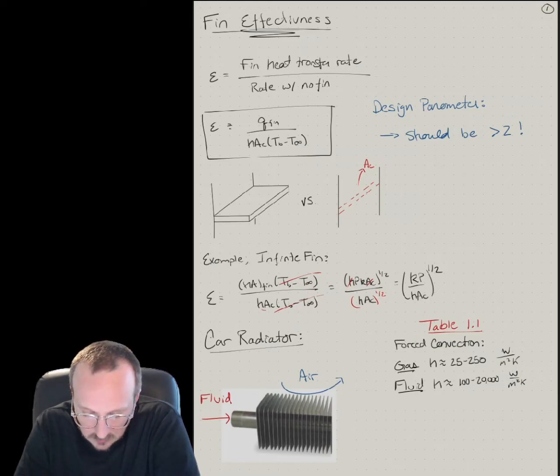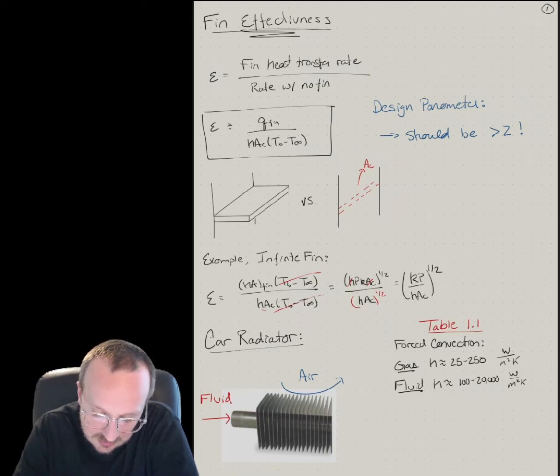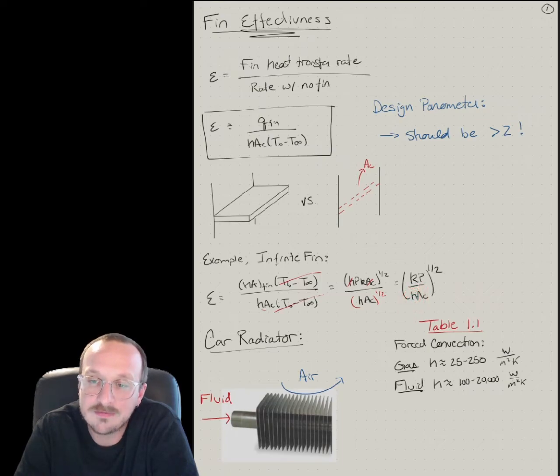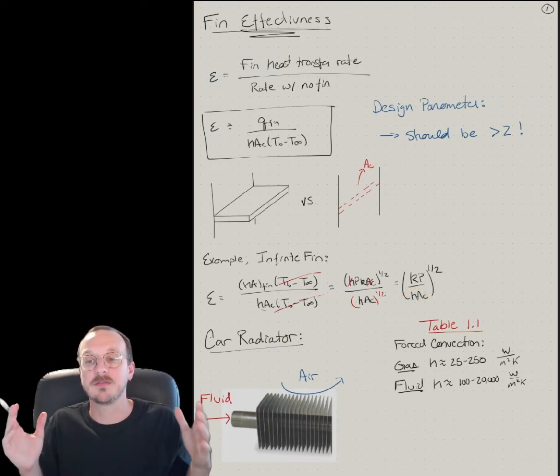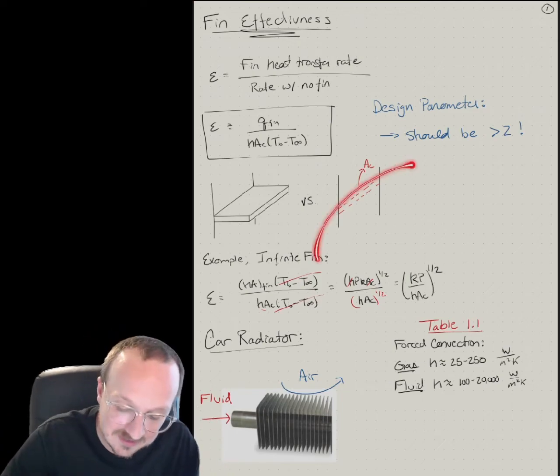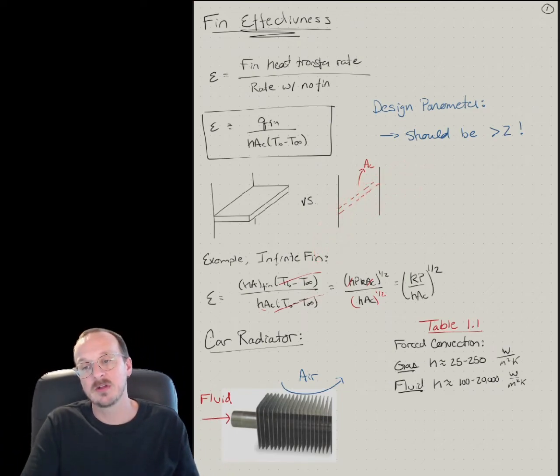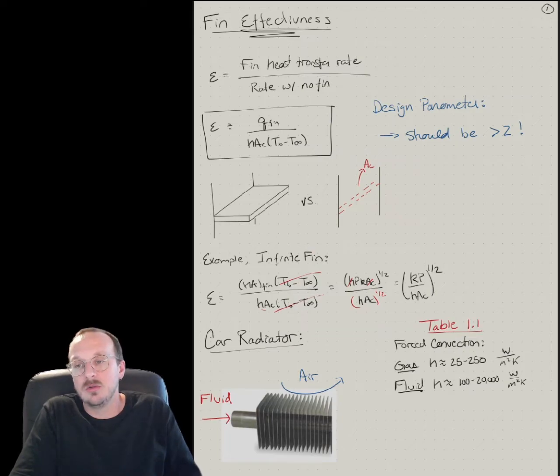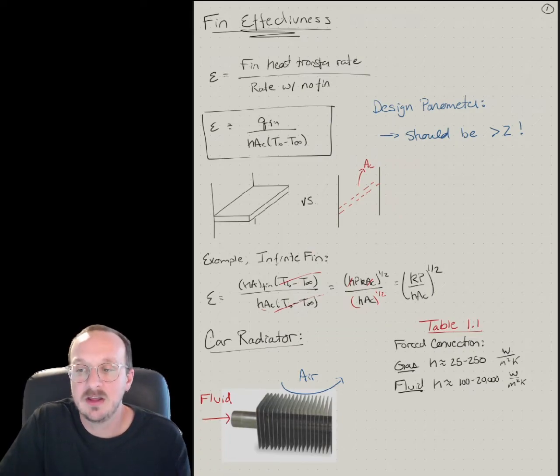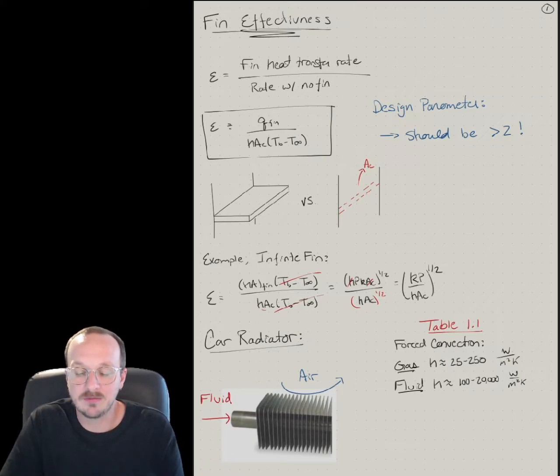It's kind of interesting that fins are more effective at lower values of the convection, and that's the whole purpose of a fin. If you had excellent heat flow across this surface, then you would have good cooling. But when you want to use a fin is when you don't have good heat flow over a surface.